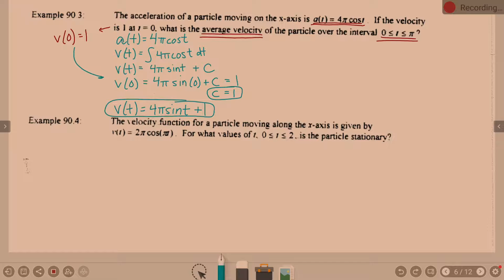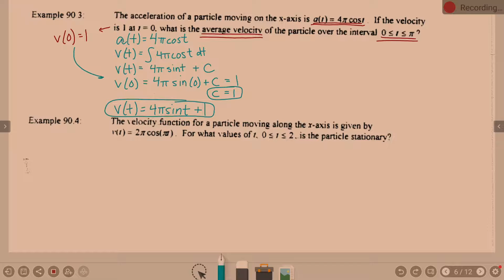Now, we're not done. That's just our velocity function, right? They asked us to find average velocity over the interval 0 to pi. Average velocity, you say? What's the key word there?